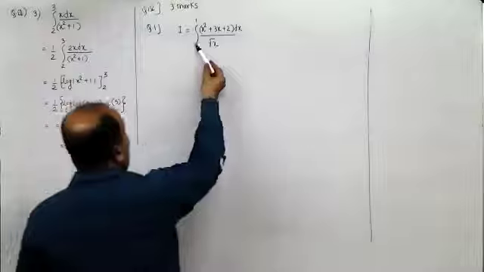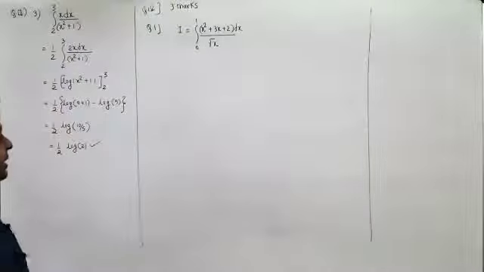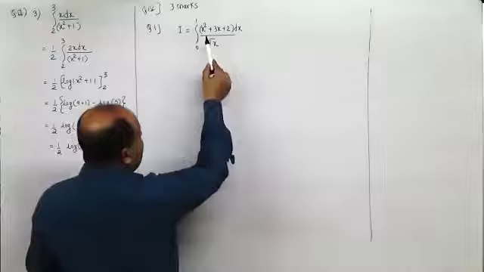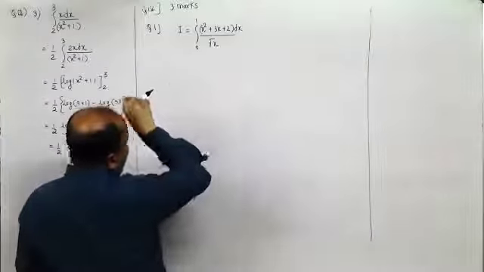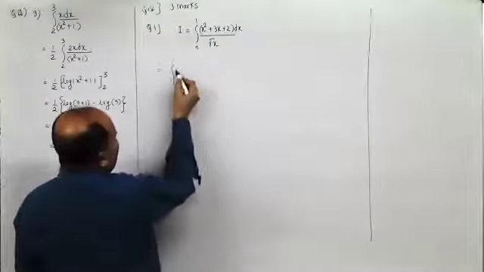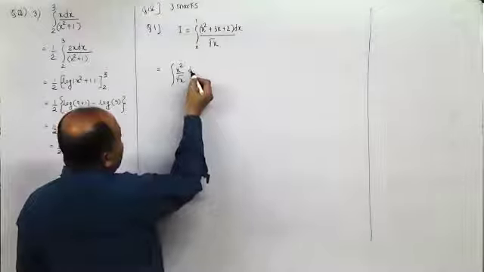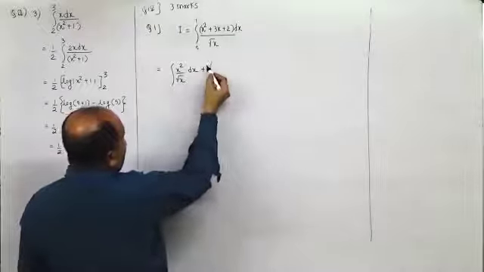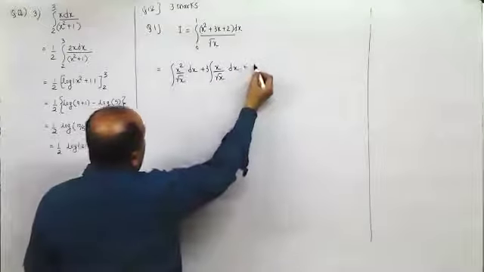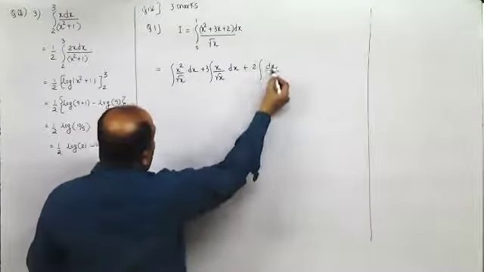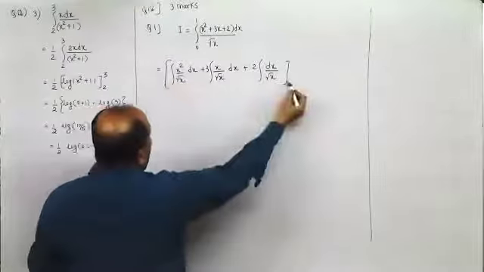Indefinite means not defined. Here it is defined, but you treat it as if it is an indefinite integration problem. Now, divide each term by root x and solve it separately. So I would get x square upon root x plus 3x upon root x plus 2 upon root x, and this is all between 0 and 1.